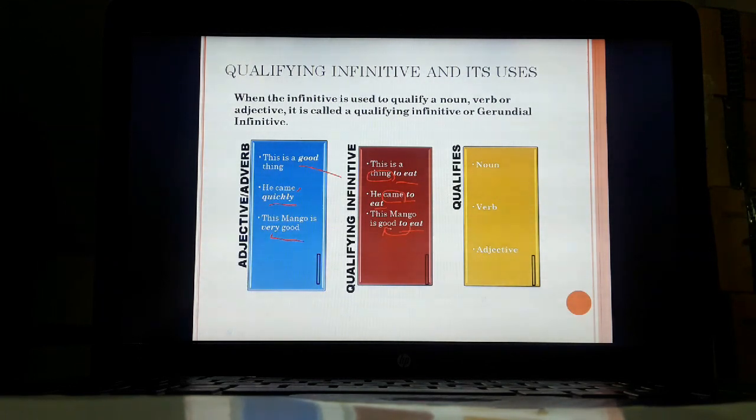What is the adjective? Good over here. So I have already mentioned it is qualifying a noun in the first sentence. In the second sentence, he came to eat, to eat is the qualifying infinitive which is qualifying the verb came. And in the third sentence, this mango is good to eat, to eat is a qualifying infinitive and it is qualifying the adjective good. Hope this is clear to you.